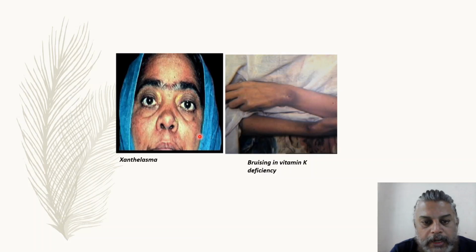There is a lot of fat malabsorption in liver disease, and this is xanthelasma over the eye, and this is increased bruising because of vitamin K deficiency.